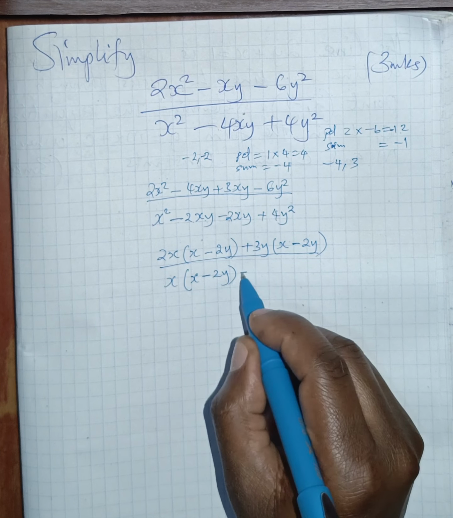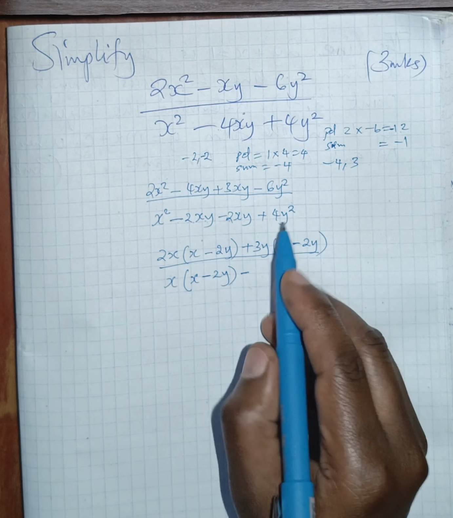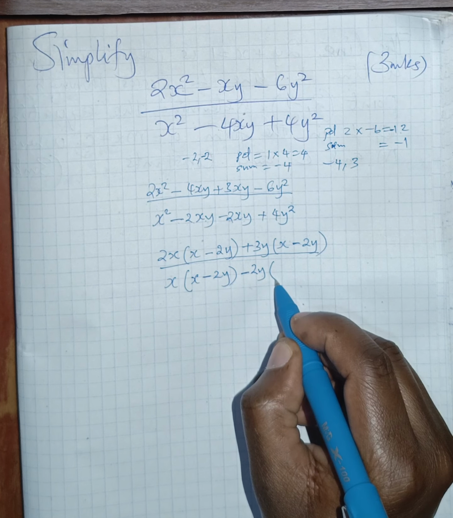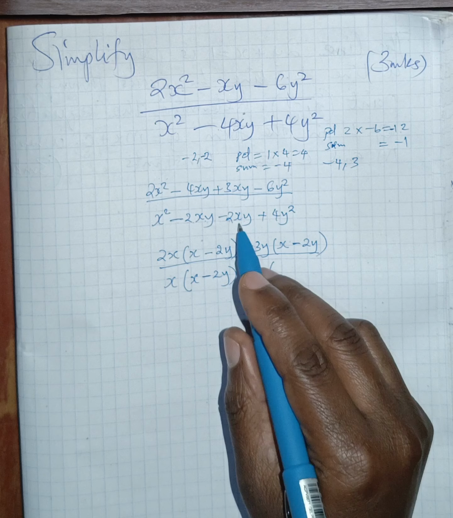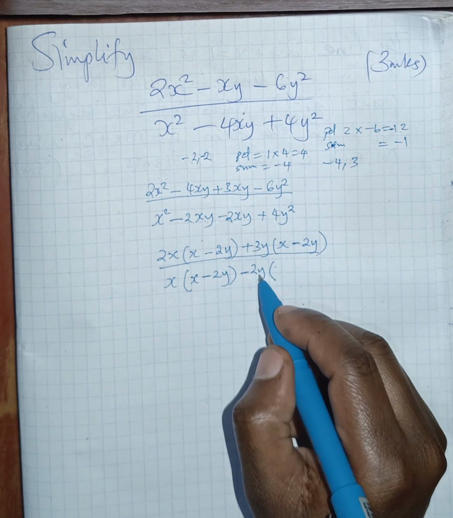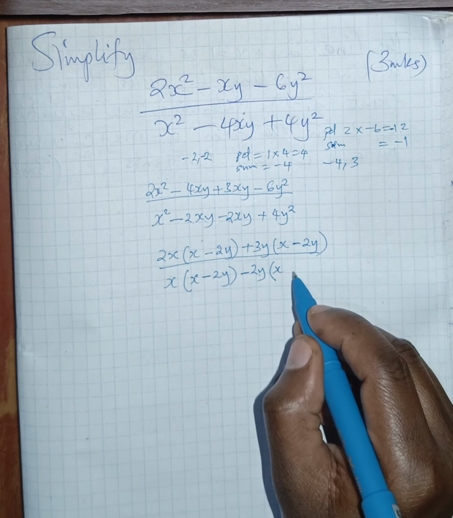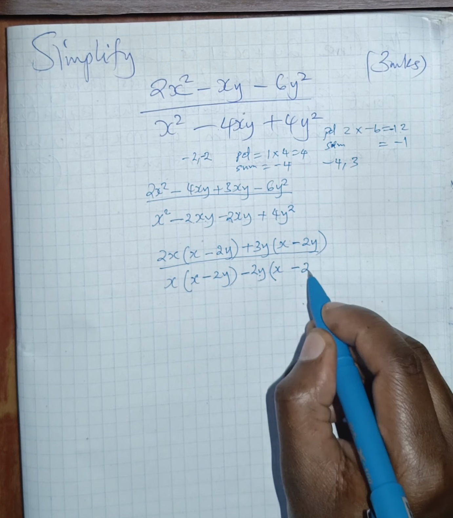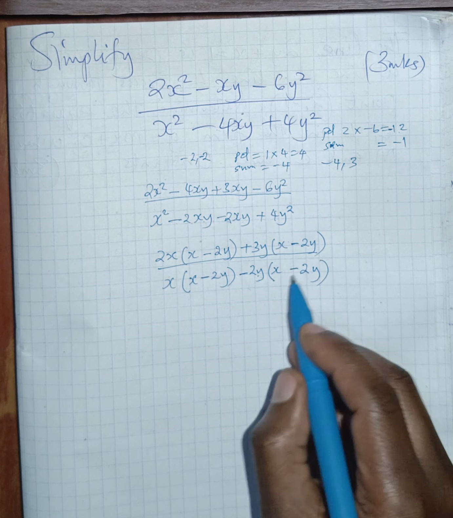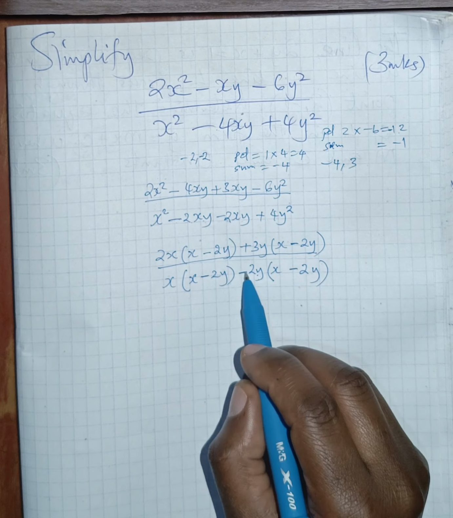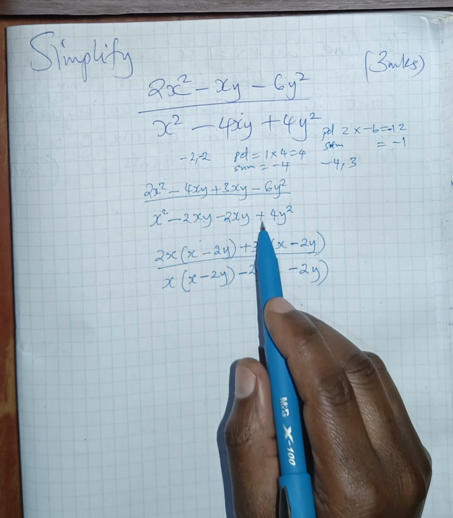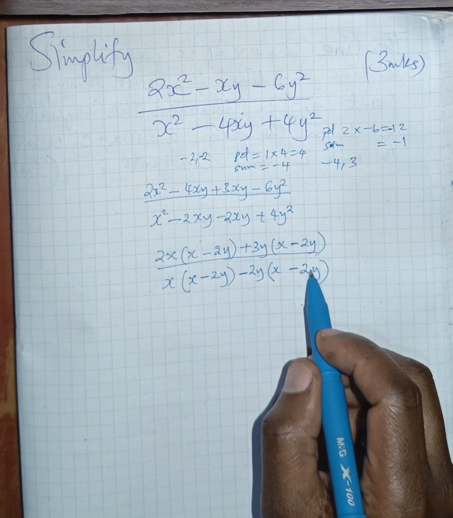Then minus 2 is common here and y is common to this: 2y, open brackets, I divide 2xy by 2y, I'm left with x, then minus 2y. Why? Because minus times minus is plus, so this sign changes to minus.